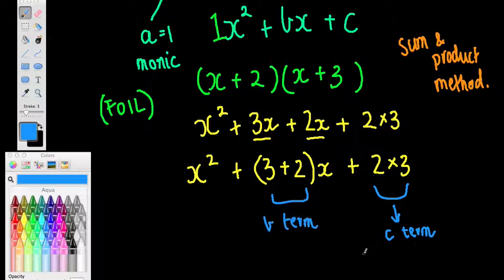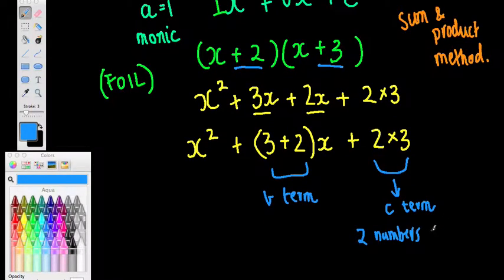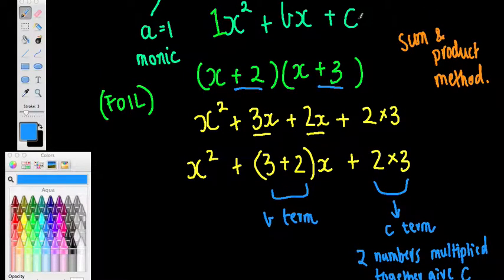So for the c term, the two numbers, these two here, multiplied together give the c value, so that number at the end. The two numbers within this bracket here, the two that come second, must multiply to give me c.